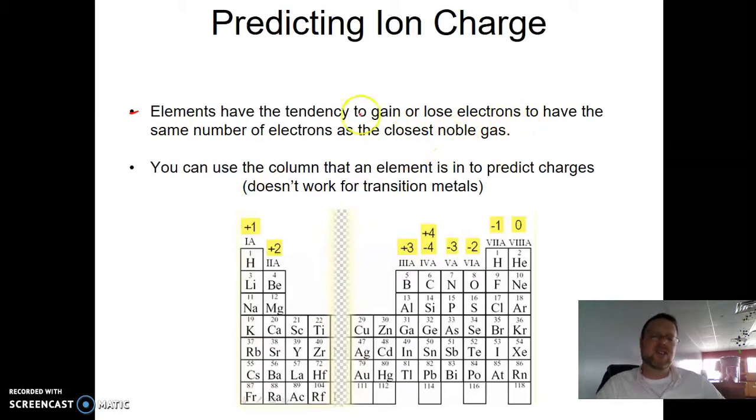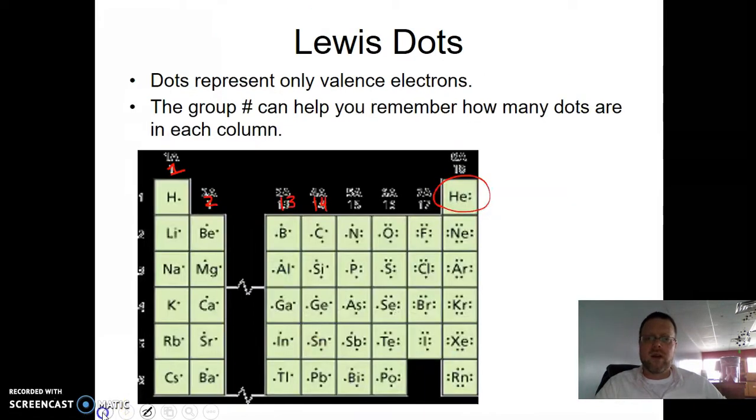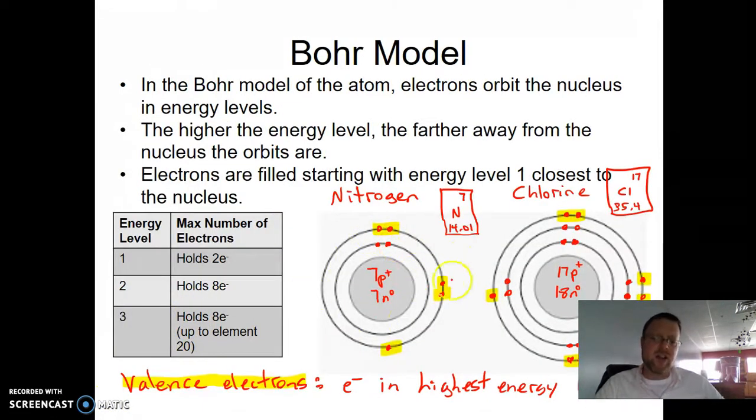Another way to think about this is that they're trying to have a full valence shell. If we go back to the Bohr model, whatever the highest energy level is, if you can get that highest energy level to be completely filled up, then that makes the atom more stable.